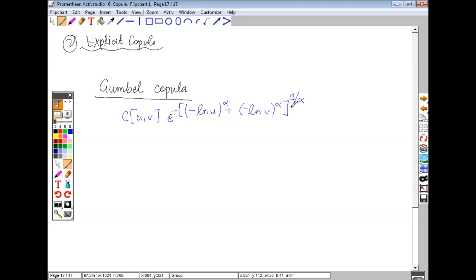Okay, so now can you guys tell me one difference between this Gumbel copula and the Gumbel extreme value type distribution that you saw? One basic difference that you see. Anyone?